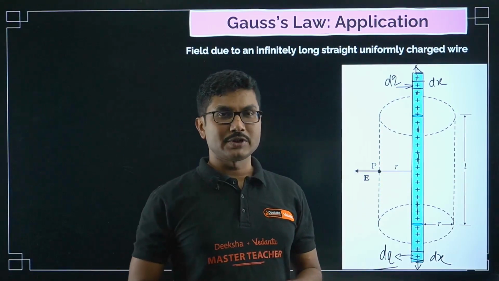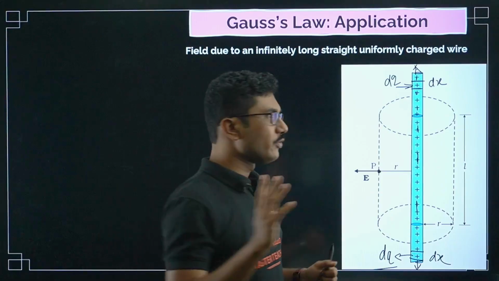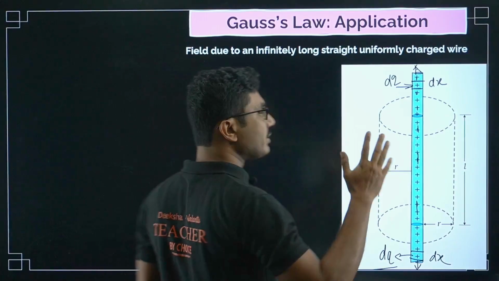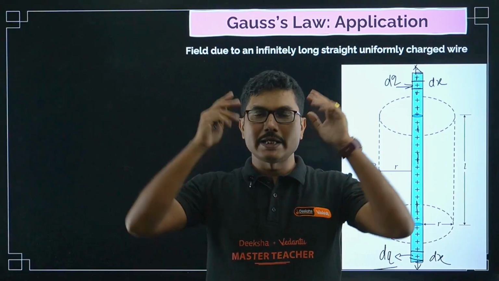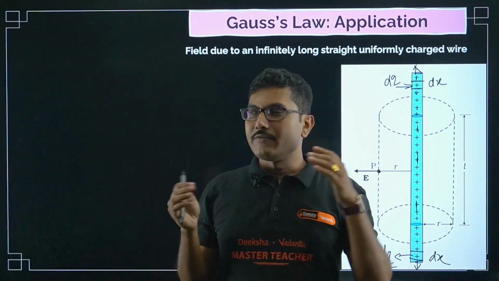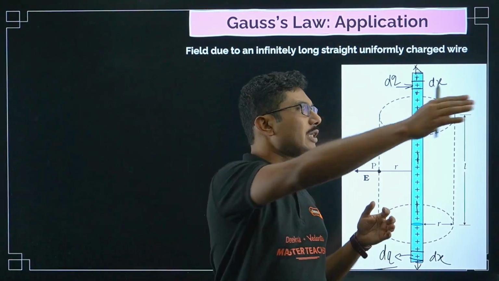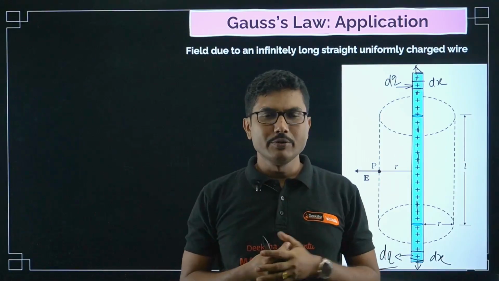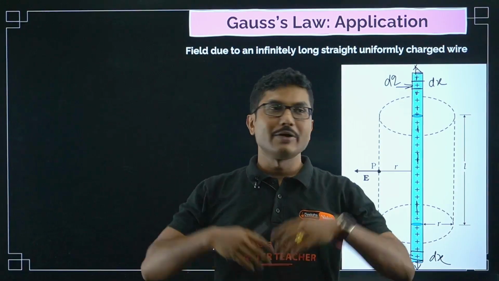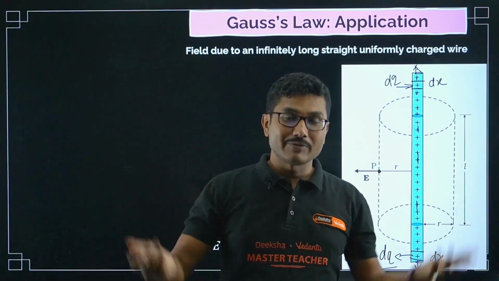What is the meaning of symmetric? Symmetric means even if you rotate, it should look the same in every direction. Suppose you are standing inside a sphere at the center, even if you rotate yourself, all the points will appear the same to you. Even if they rotated you, after opening your eyes, you will see that I am standing wherever I was standing.